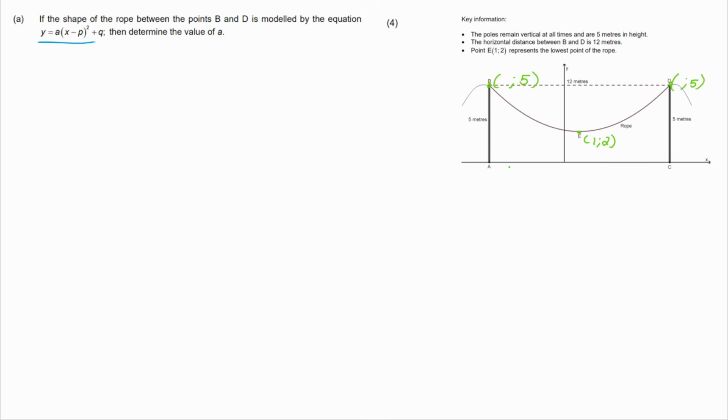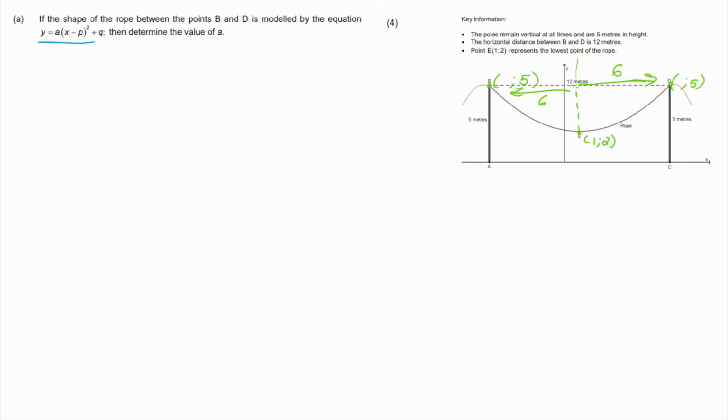So we have some information. We know the distance between these 2 points is 12 meters. But we know that the turning point, this is the axis of symmetry. The turning point is the axis of symmetry. So we know that this distance is 6 units, and also that this distance is 6 units.